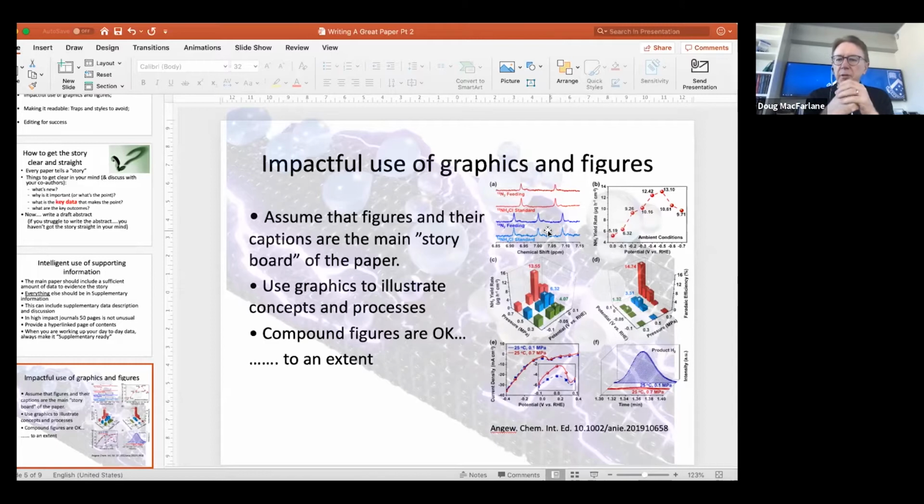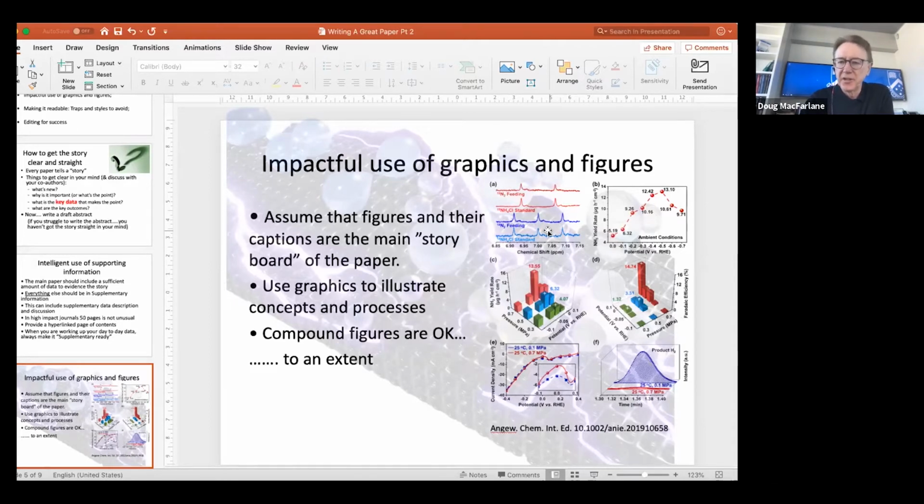Many of us will look quickly to the figures. If it's a field that we think we know mostly about, we'll look quickly to the figures to see what's new here. And the text is only something that you look at later once you're convinced that it's worth doing so. And I think that's a very reasonable way of approaching a paper.